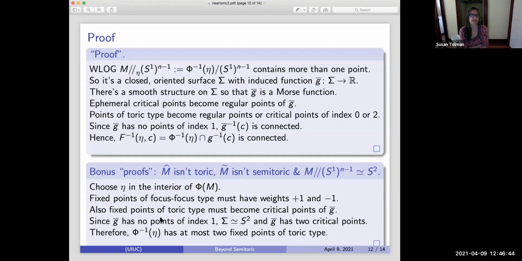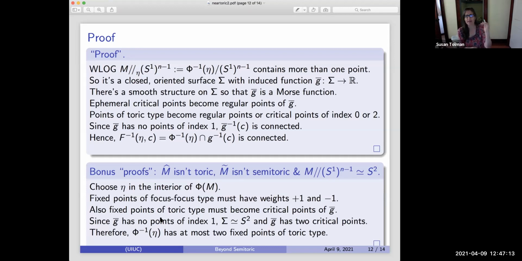So I said that points of toric type could become regular points, but if you're over the interior of your polytope and it's a fixed point, then it must become a critical point. It can't become a regular point. So then we're going to say, since G bar has no points of index 1, the reduced space must be a two-sphere. Again, if you have a two-dimensional oriented surface and a Morse function on it with no points of index 1, it has to be a two-sphere.